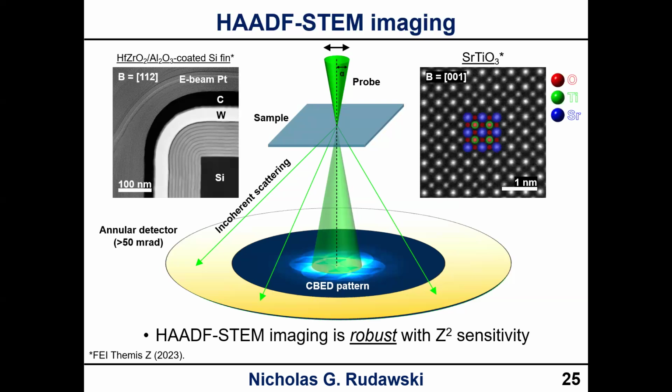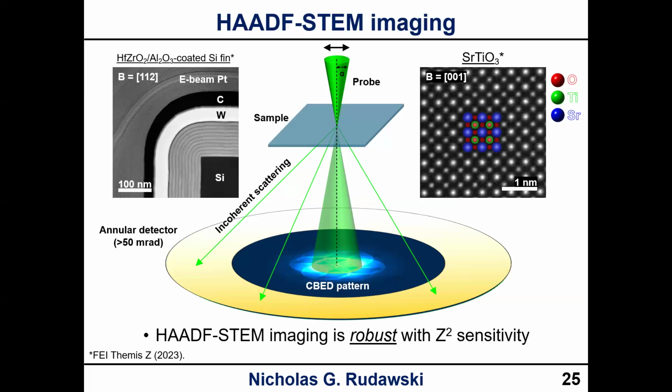When we superimpose the crystal structure on here, we can see where we're expecting to see the titanium, the oxygen, titanium, and strontium. Now you'll notice the oxygen-only columns correspond to nothing; that's just completely black.